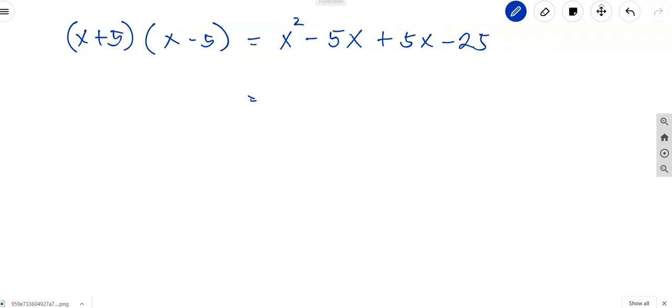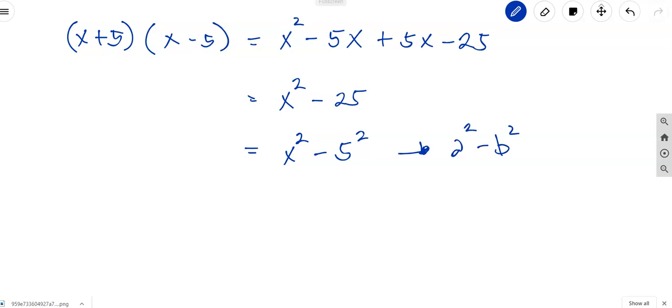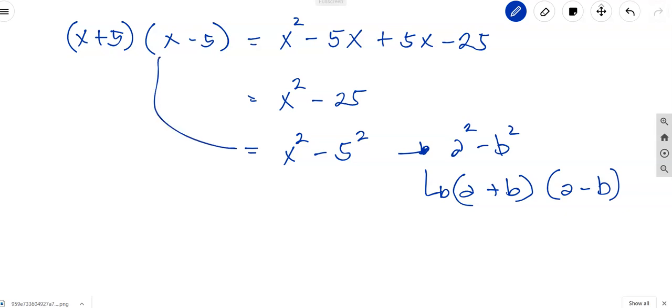So therefore, we get x squared minus 25, or we can write that one as x squared minus 5 squared. That will define our rule. A squared minus b squared will give us a plus b, a minus b, right? So this one now, x squared minus 5 squared, will give us the same result as a plus b, a minus b.